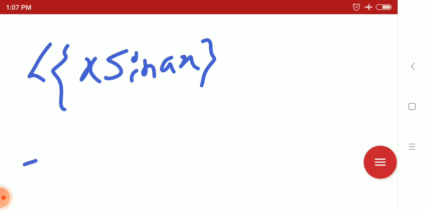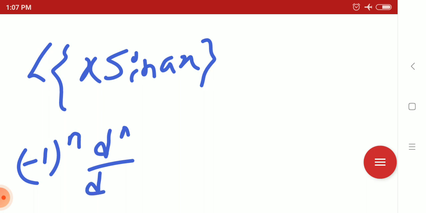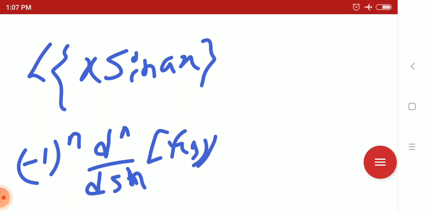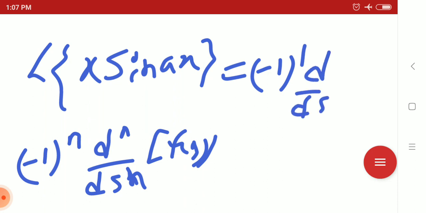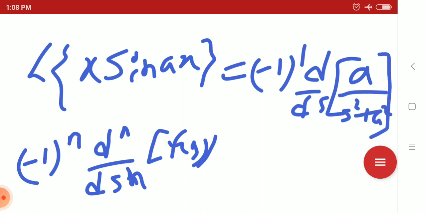The Laplace transformation of x f of x equals (-1) to the power n, d^n/ds^n of f of s, that we got. So here n equals 1, so (-1) to the power 1, d/ds, and here it will be a by s square plus a square.